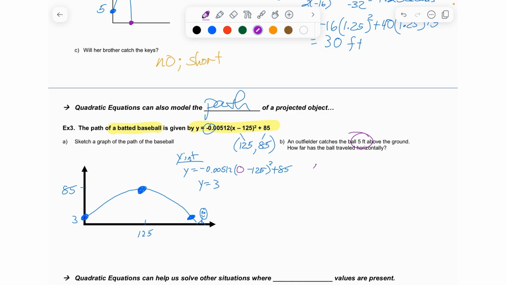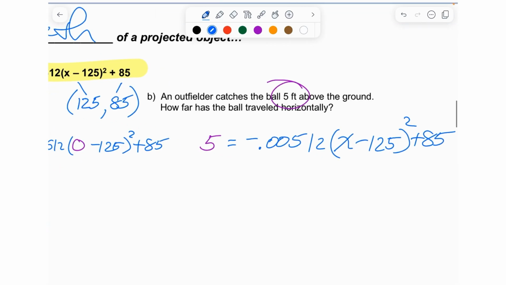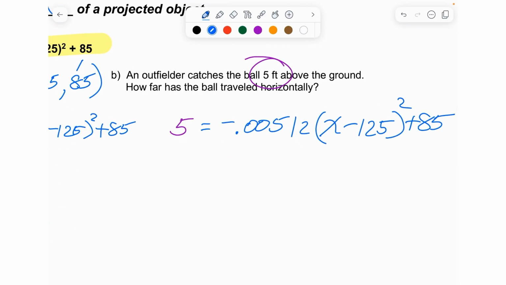It's actually like the height of the ball. So I can not really plug in 5, but probably better said, I can set the equation equal to 5. And I want you to notice here that that means that I have the letter x to be solved. It's like I'm going to be solving this equation for x, and x is going to be the horizontal distance that the ball travels.